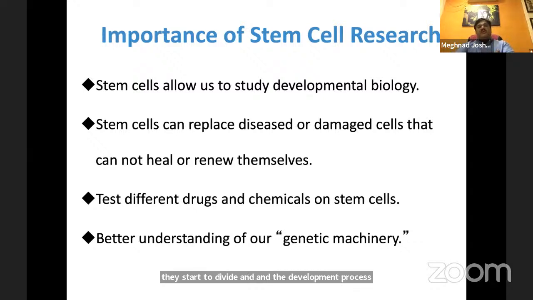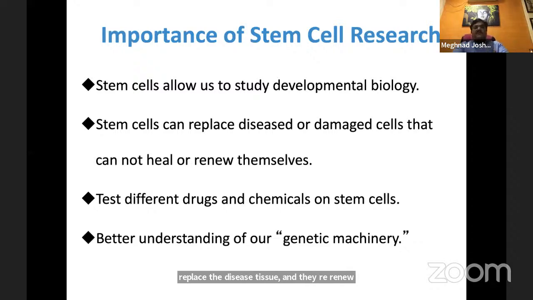So if we study the basic cells which trigger development, it can help us understand how the development process happens and how organs are formed. The most important aspect in a clinical setting is that whenever you transplant stem cells, they are able to replace the diseased tissue and renew themselves, so the organ can be rescued.